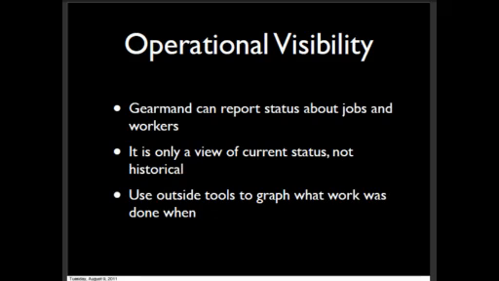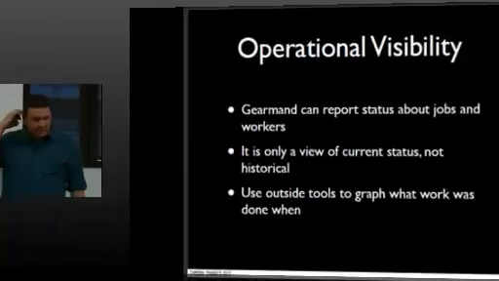I think Etsy does the same thing we do, which is do it externally somewhere. I actually have a hack in our version of Gearman Manager that updates Graphite via StatsD with counts of all our jobs, so we know how many are going.